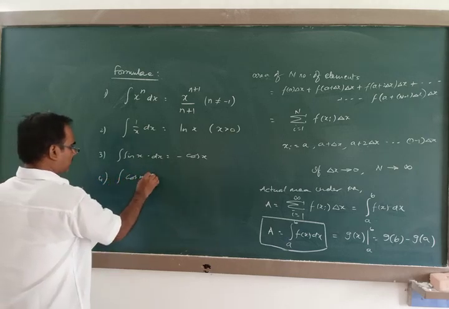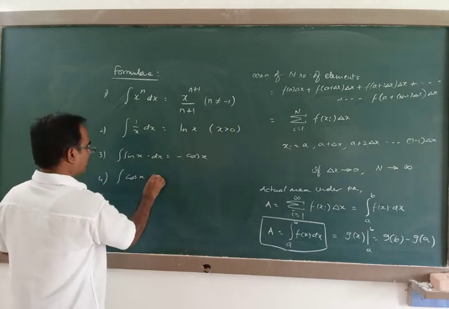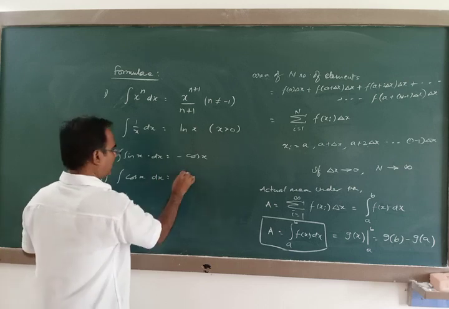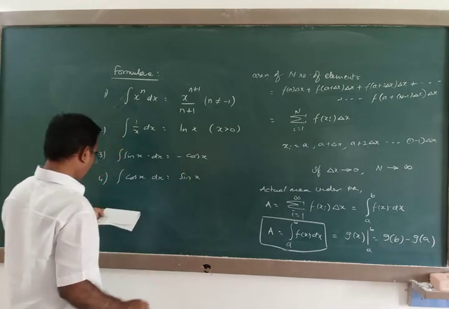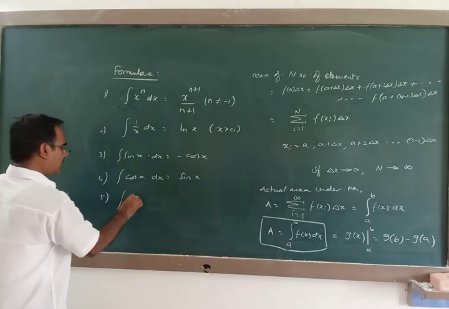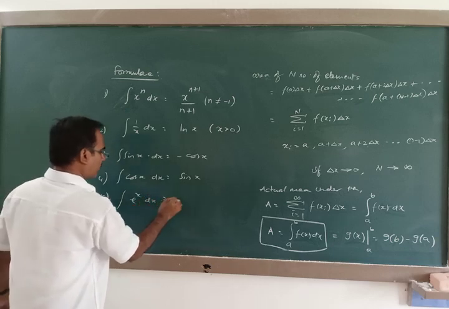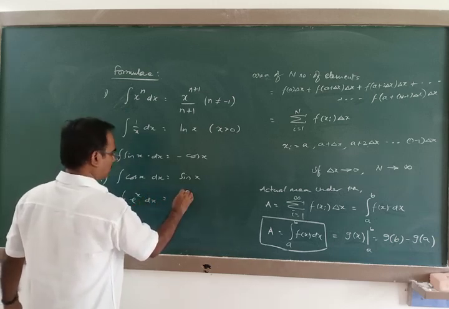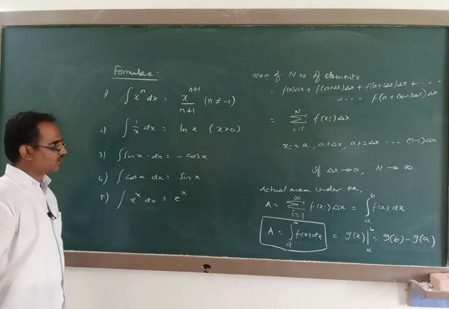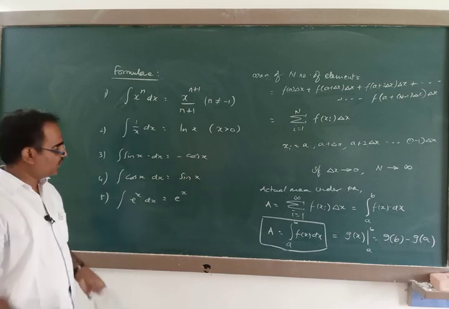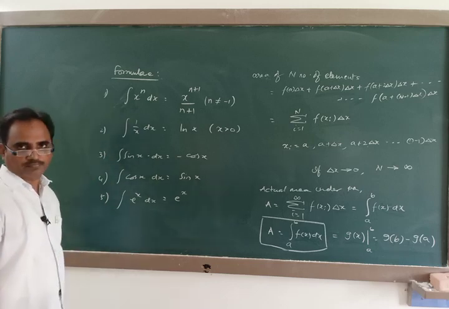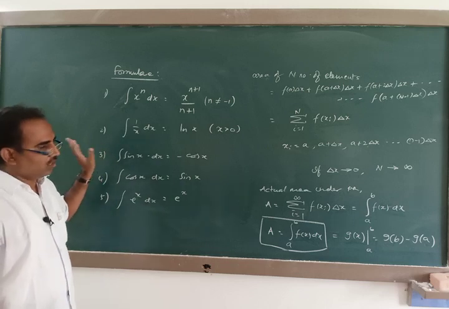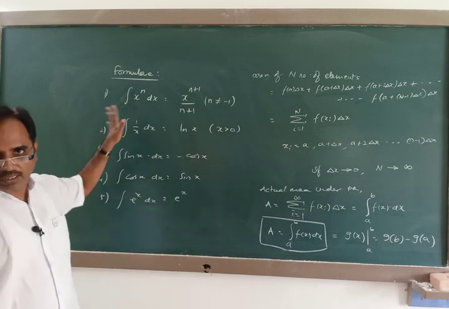Integral cos x dx is sin x. Integral e to the power of x dx is e to the power of x. In the study of physics you come across these formulas, so remember them.